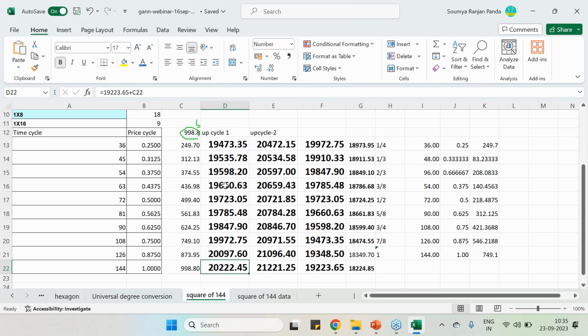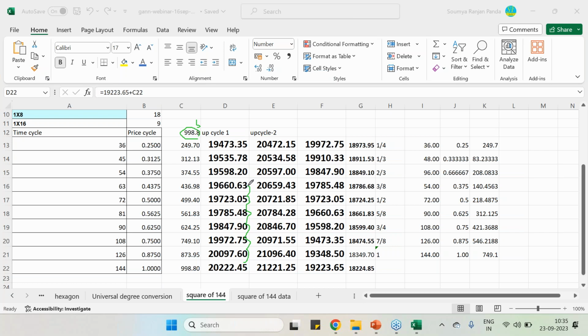Now retracement is happening. After attaining this high, price is falling. What is happening? 20,222.45 high happened. Now it is falling back. This price cycle 665 level it has come here.